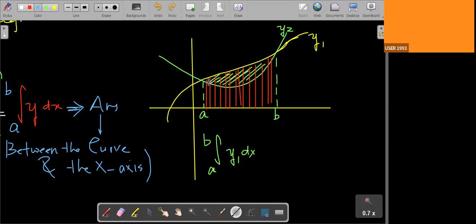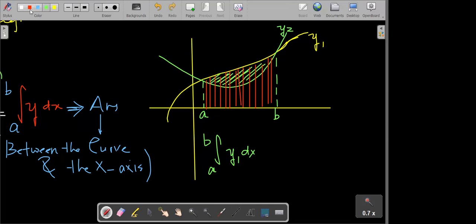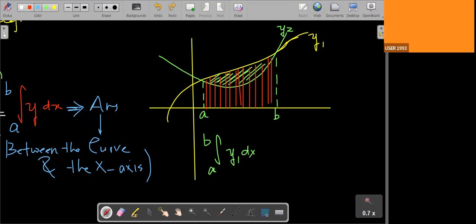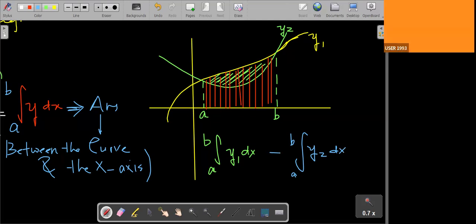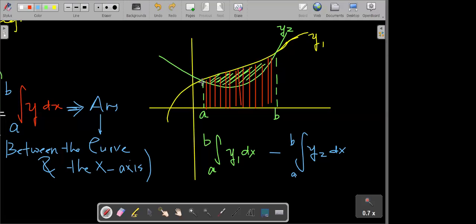To find that, we find the area under the curve y2 from A to B, and then subtract the two values. So you'll get the remaining area, just like the usual things, but we are dealing with integration. Understand what I'm saying?